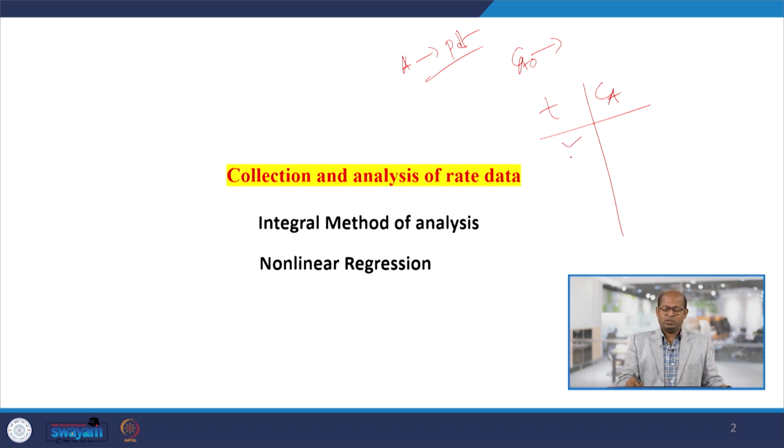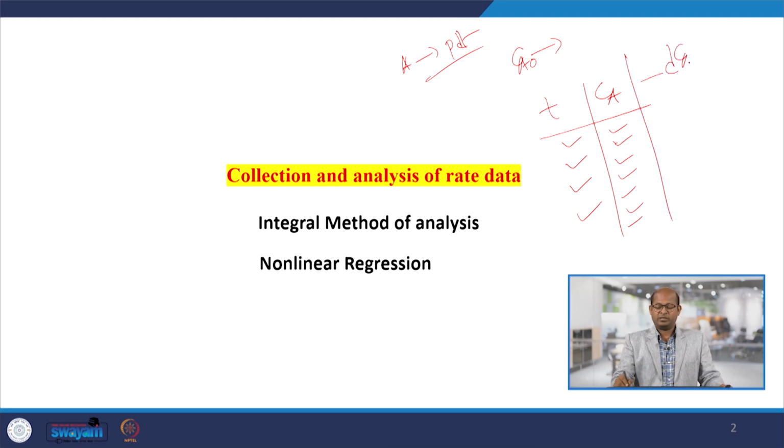With increasing time the concentration gradually decreases and product formation gradually increases. From this data, how to find minus dCA by dt, that is the rate data, we discussed in our last class. The easiest methods are polynomial fits, the graphical method, or least square analysis, numerical methods that we can use to find this rate data, for the liquid phase reaction.